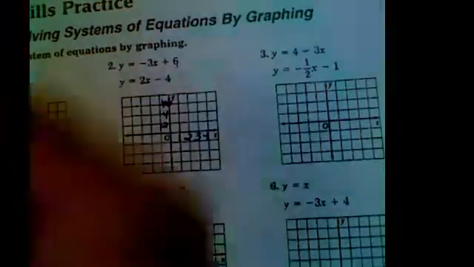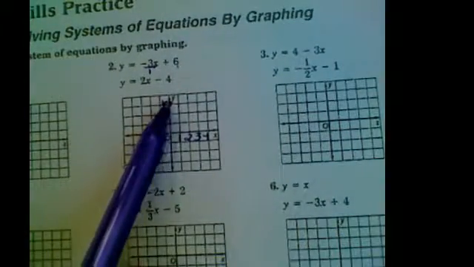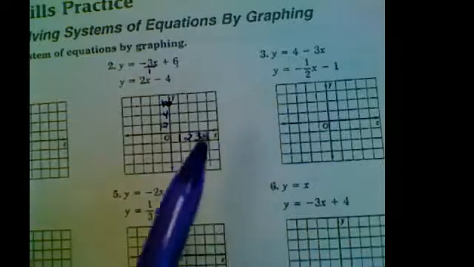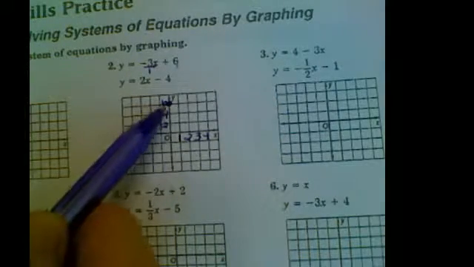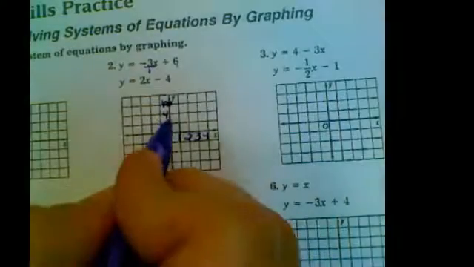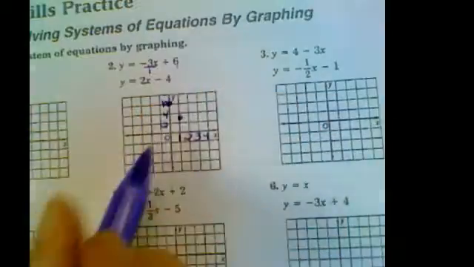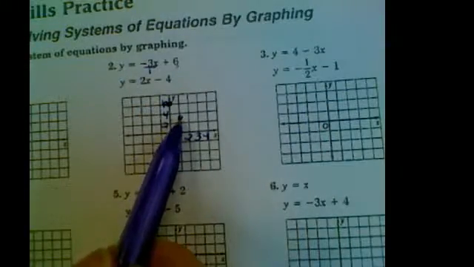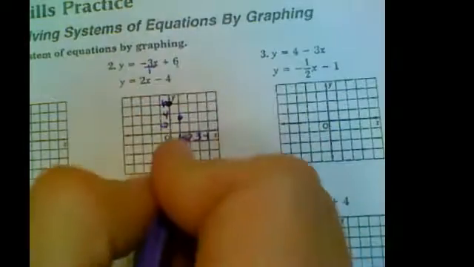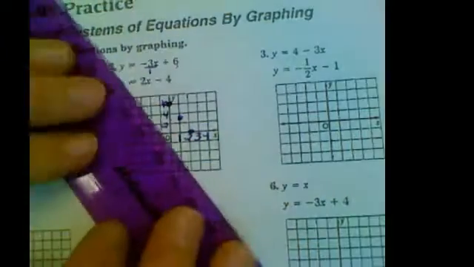My slope is negative 3 over 1, which means from this point I need to go down 3 and right 1. Be careful when you do this. This space right here is actually 2, so 3 is actually down 1 and a half, and over 1 puts me right here. If I wanted to do it again, down 1, down 2, that's 3, and over 1 would put me right here. Then I would graph that line.